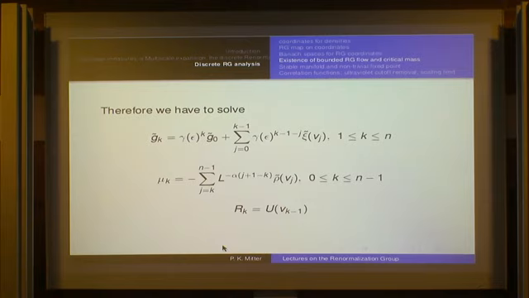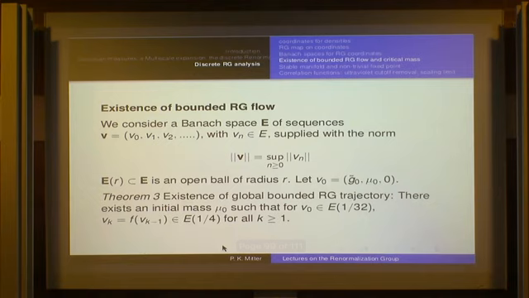So we have to solve this. So how will we solve this? Well, fixed point, you see. We consider a Banach space V with Pn and E supplied with a norm.